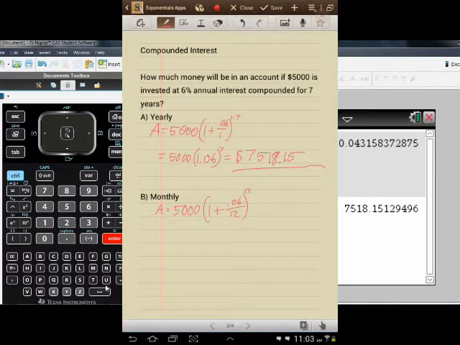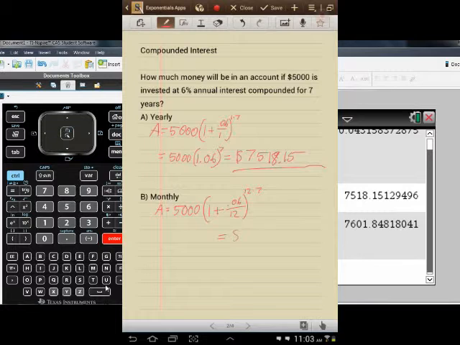And we're going to do that 12 times 7 times, which is 84 times throughout the 7 years. And this time we get $7,601.85.